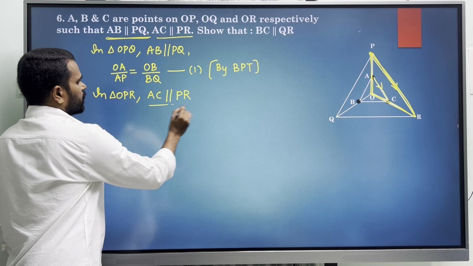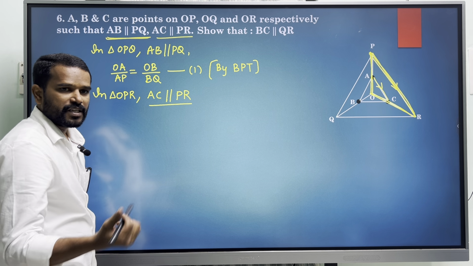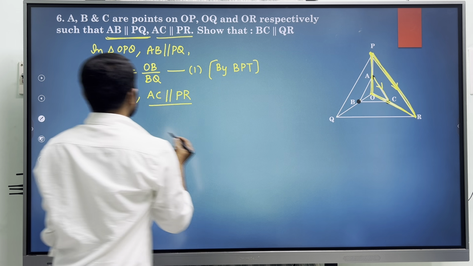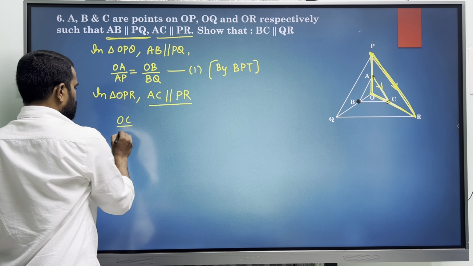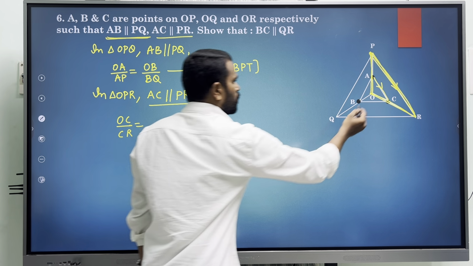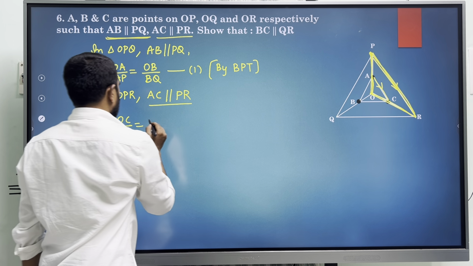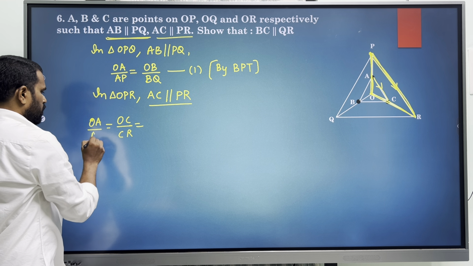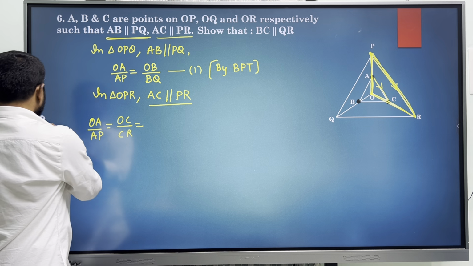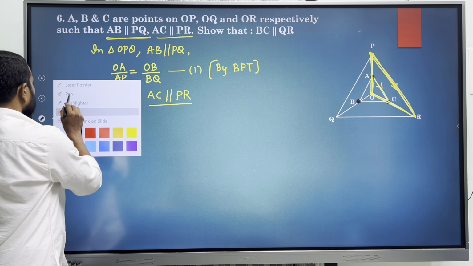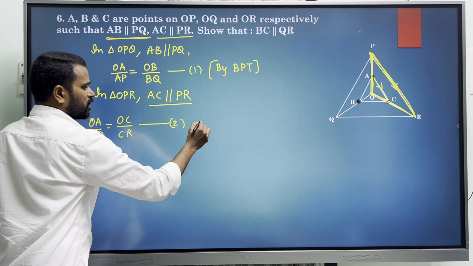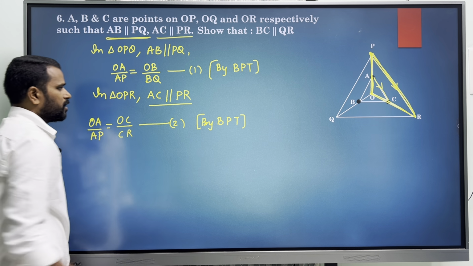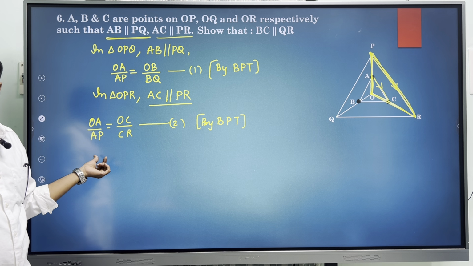So if two sides are parallel, by BPT what can we tell? OC by CR is equal to OA by AP. Understand? This is number 2. This is also by BPT, the basic proportionality theorem. Since this is parallel, they should be in the same ratio, right?